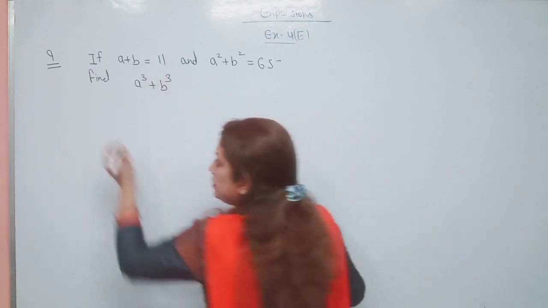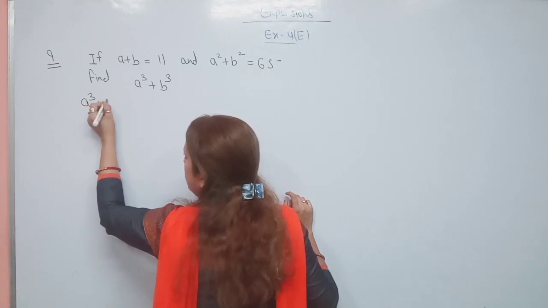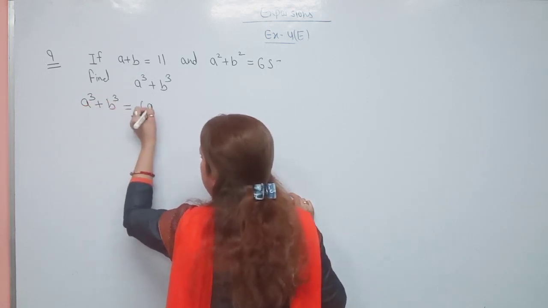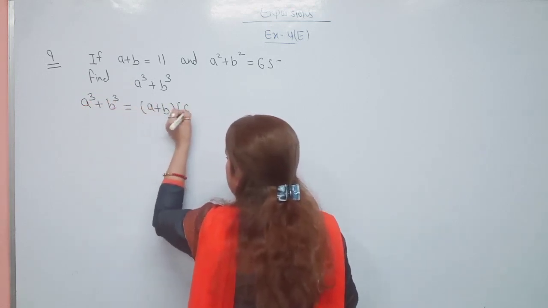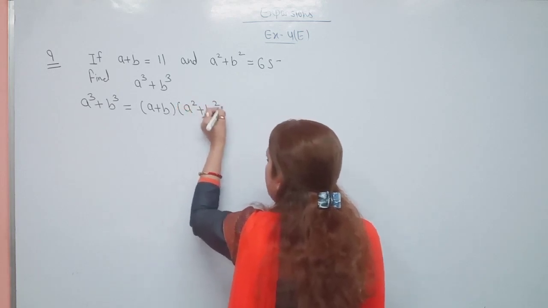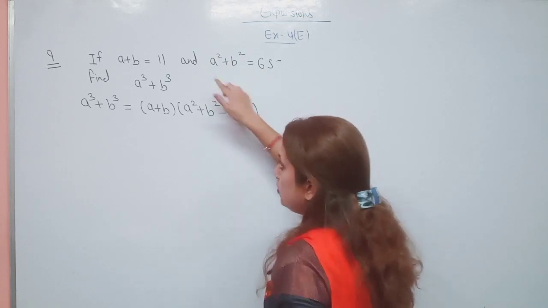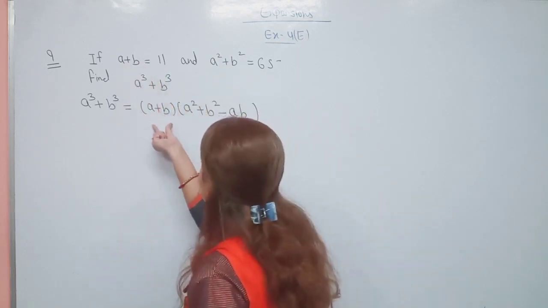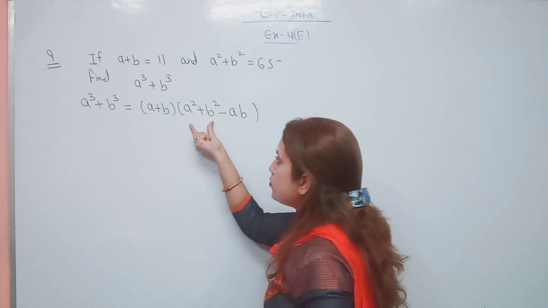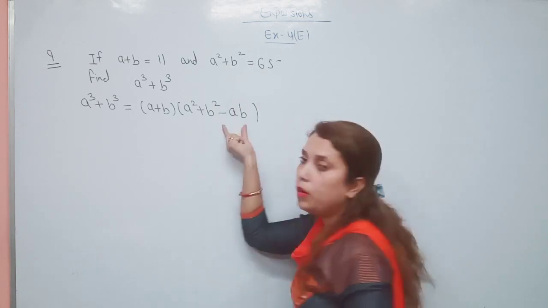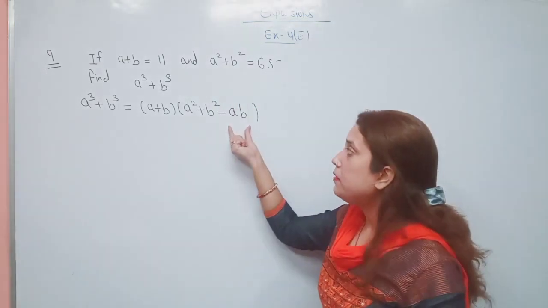Now we know the identity: a cube plus b cube is equal to (a plus b) into (a square plus b square minus ab). Now analyze the question. The value of a plus b is given, the value of a square plus b square is given, but we need the value of ab. So first we find the value of ab.